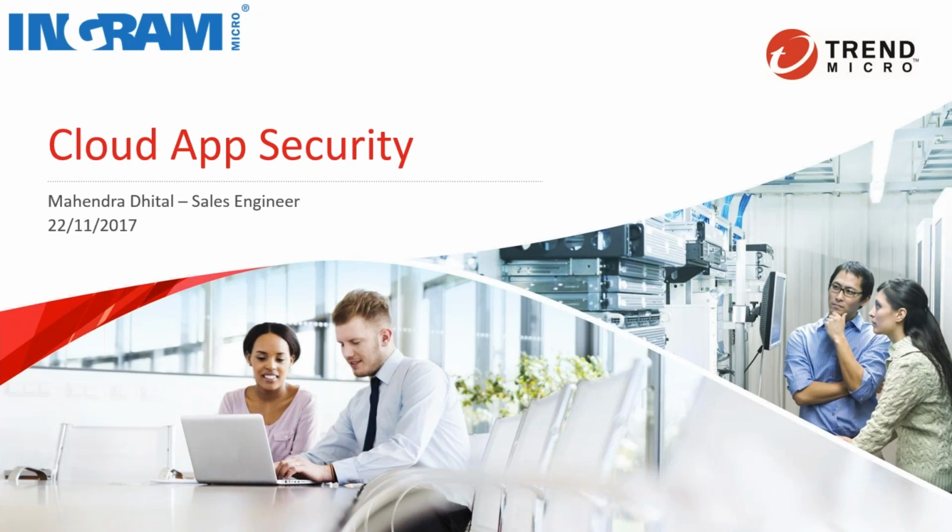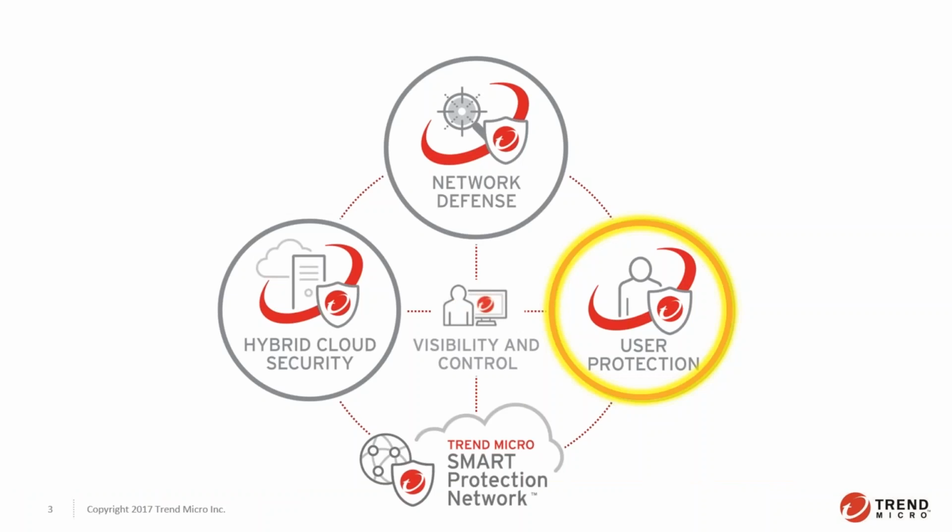Okay. I will be covering the user protection. This slide shows what sort of solution Trend Micro has. We have three solution sets to cover different areas. User protection is around protecting the user or user devices and user activities.